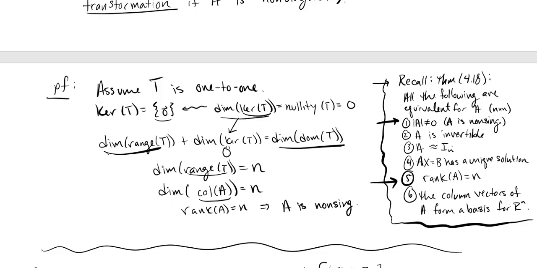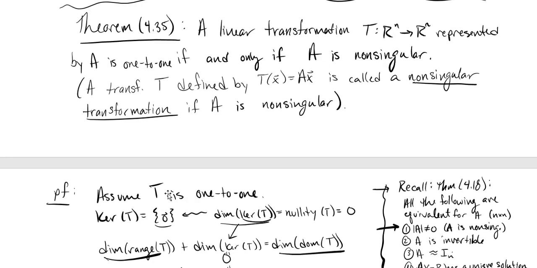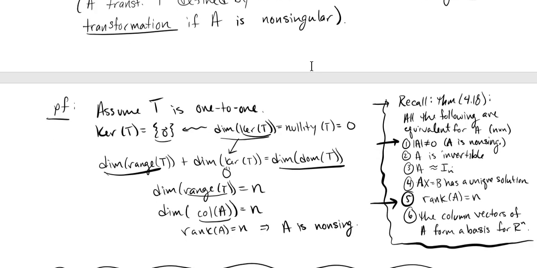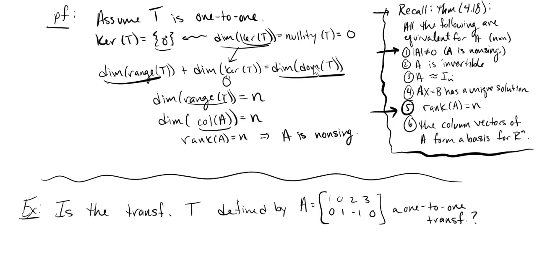So this is exactly what we were trying to prove, this is one direction of it, that if the transformation is 1-to-1, then this matrix A that represents the transformation is non-singular. If we work in the other direction, start out by assuming A is non-singular.